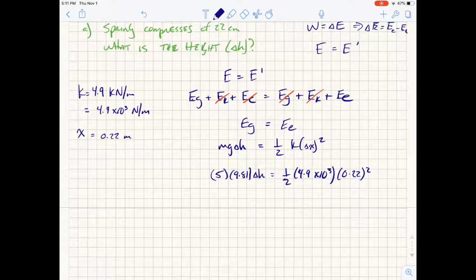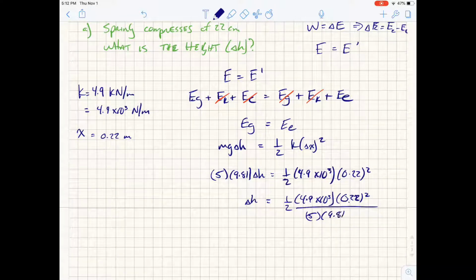So here's the rearrangement. We have delta h is equal to 1/2 times 4.9 times 10 to the 3 times 0.22 squared, and then we're going to divide that by 5 and also 9.81. Some people like to keep that fraction 1/2, so it looks like that.